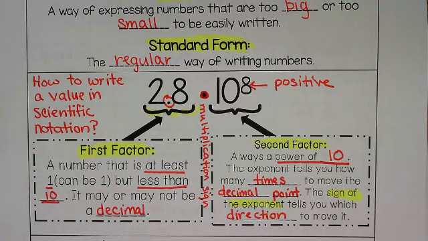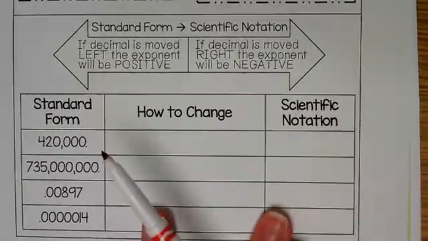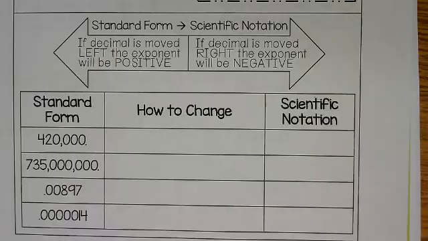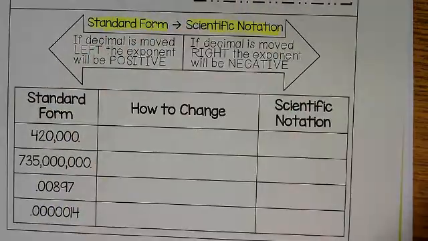And what we're going to do now is we are going to move on, changing it from standard to scientific. I'm going to do a couple with you, and then you're going to have some practice on your own. All right, so again, we are going from standard form to scientific.